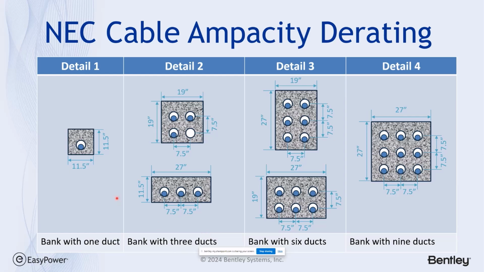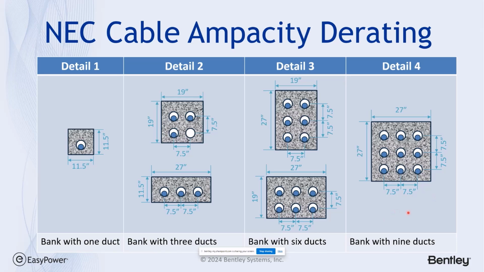Detail 1 is for a single 3-conductor circuit, which forms the baseline that was used to calculate the ampacity derating multipliers for details 2, 3, and 4. Detail 2 is a duct bank with 3 ducts, 3 circuits. Detail 3 is 6 ducts, 6 circuits, and detail 4 contains 9 ducts.